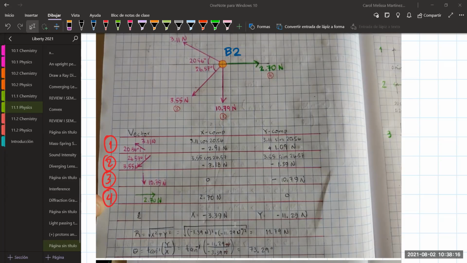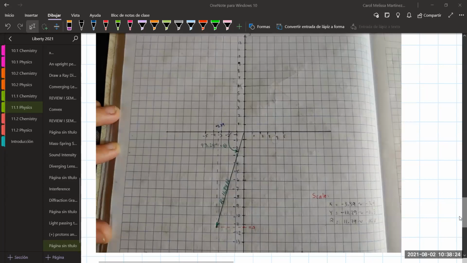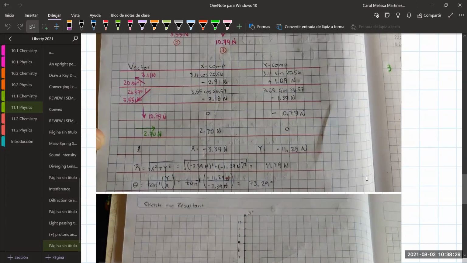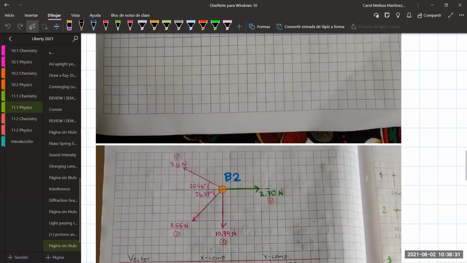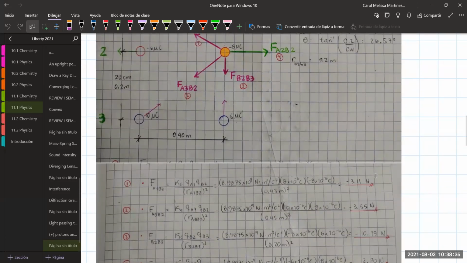Once you have all this done, you continue to sketch the resultant. And take a look at what I did. Take a look, I took many pages. Each picture is one page. What I'm trying to say is that sometimes it is totally worth it to use a lot of pages just to be organized.